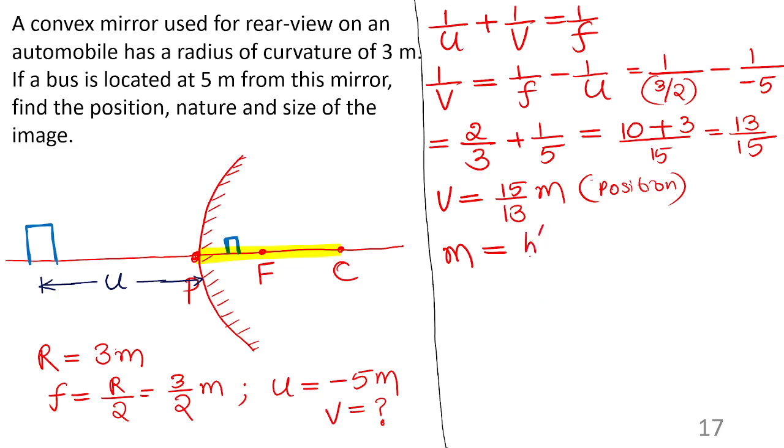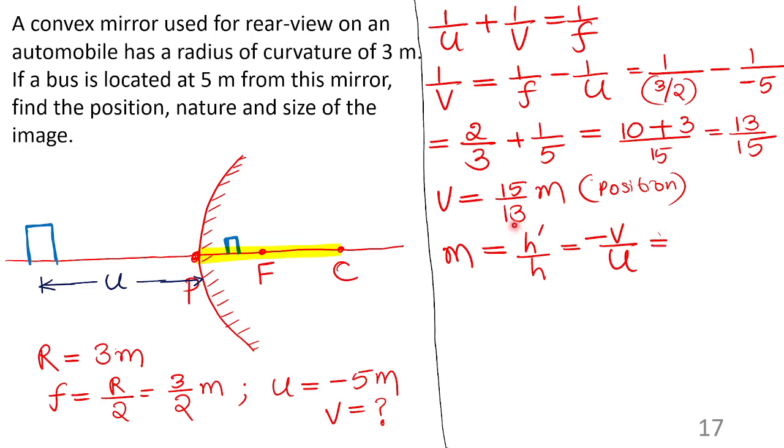Magnification means image size by object size: how many times larger the image is than the object. But here h and h dash are not available. The size of the bus is not given, and h dash is also not available. But we have another formula, minus v by u. Magnification can be found by using another formula, minus v by u.